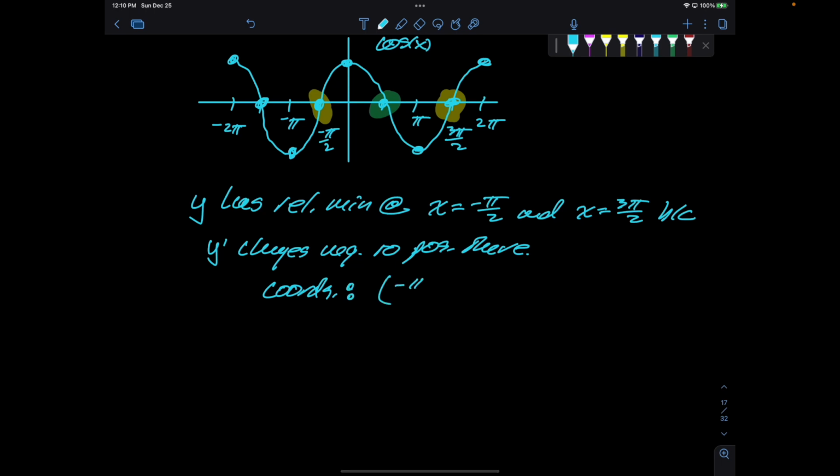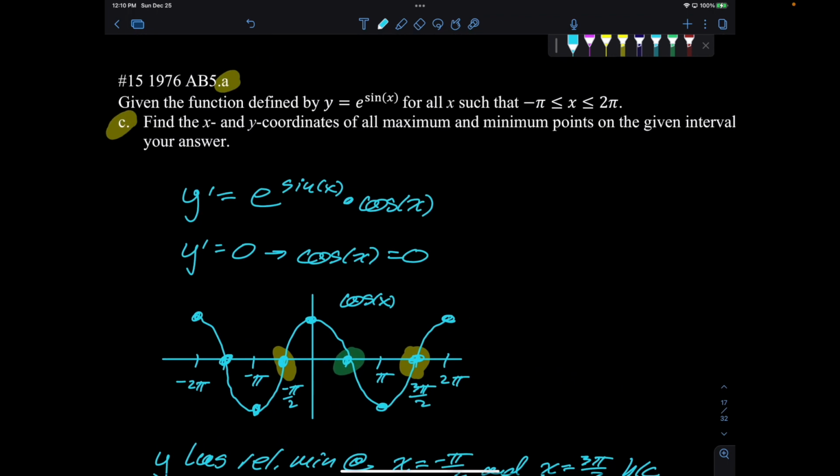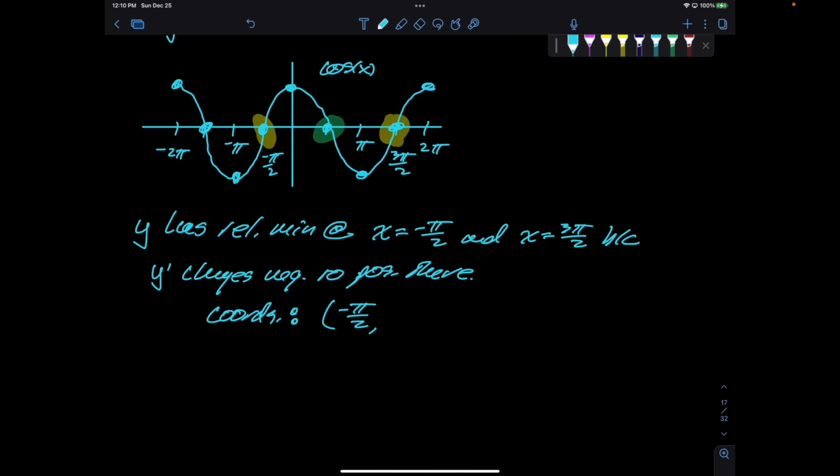So then our coordinates are negative pi over 2, comma, they're kind of ridiculous, e to the sine of negative pi over 2. The sine of negative pi over 2 is negative 1, so e to the negative 1. And 3 pi over 2. And then the sine of 3 pi over 2 is also negative 1, because they're coterminal.